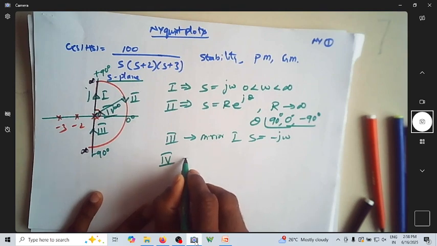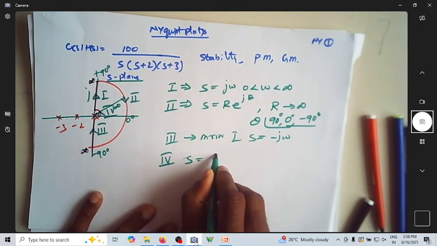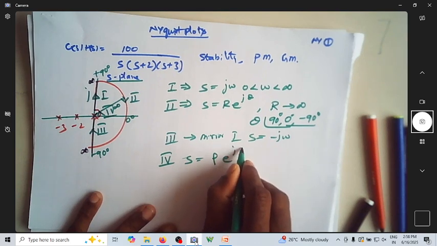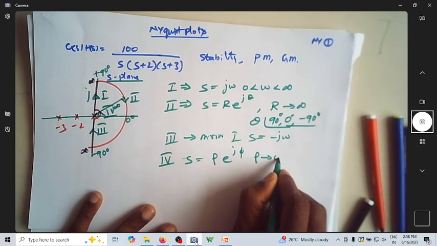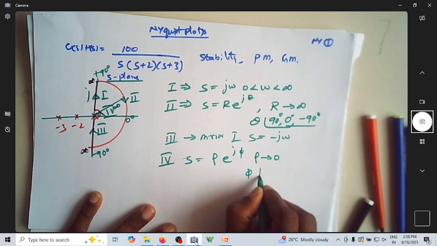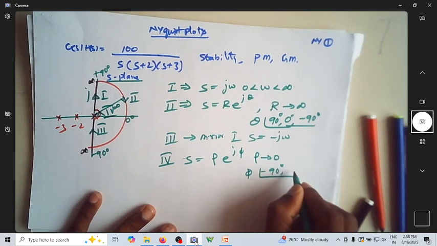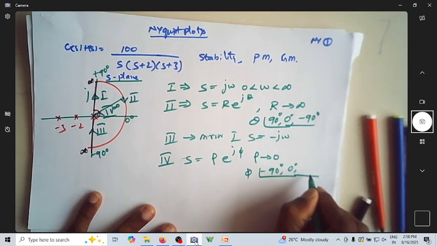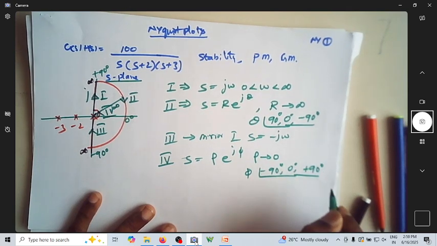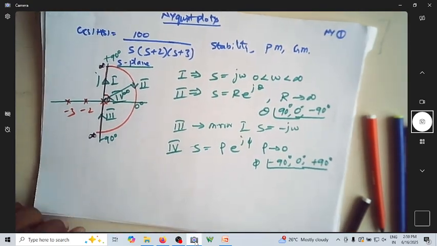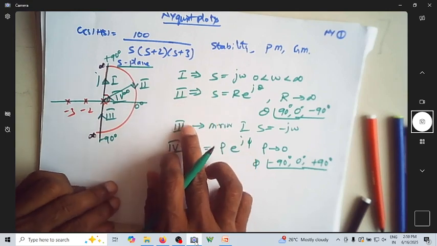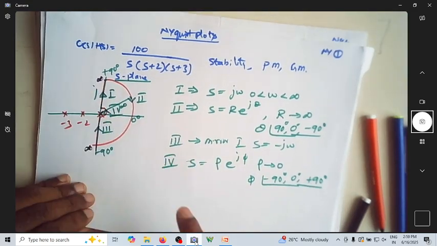The fourth segment is S replaced by rho e power j phi, where rho tends to 0 and phi ranges from minus 90 degrees, to 0 degrees, to plus 90 degrees. These are the values of S in the different segments.